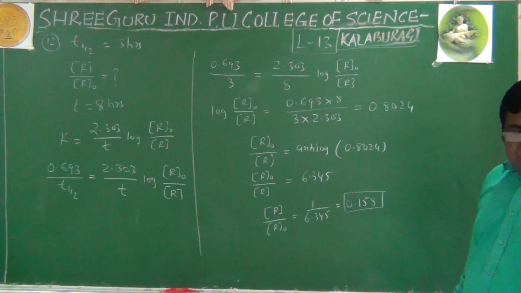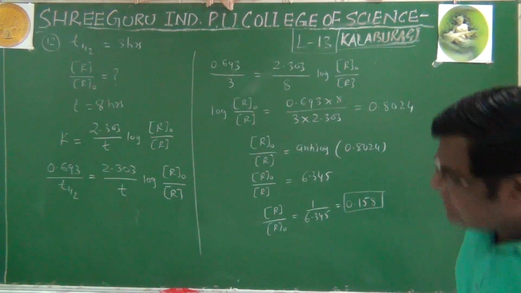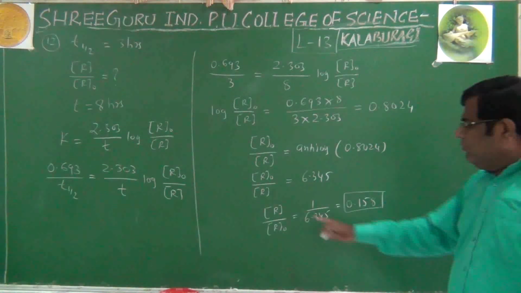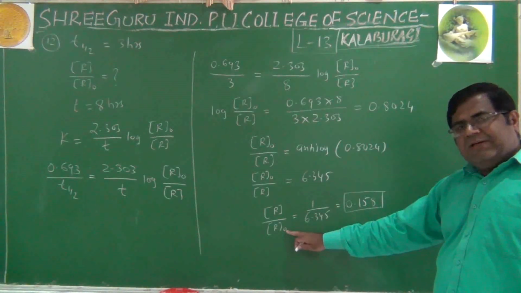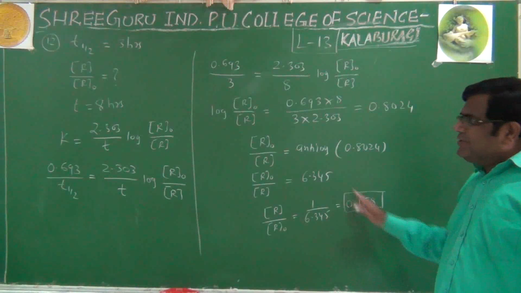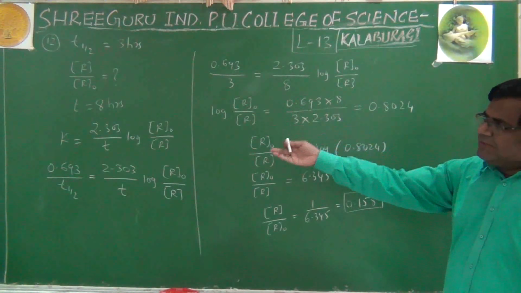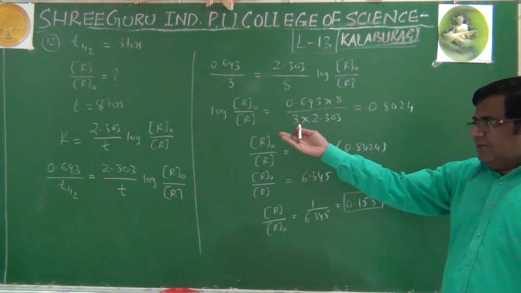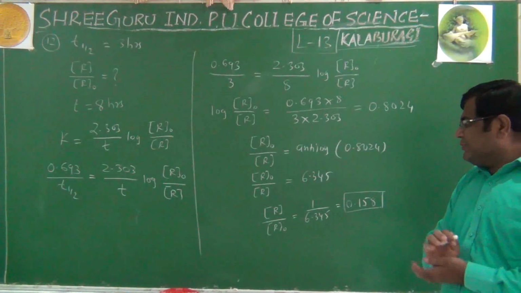So this is the fraction. Fraction means if we start with 1 mole at t equals 0, what remains is 0.158 if the reaction is carried out under these conditions.